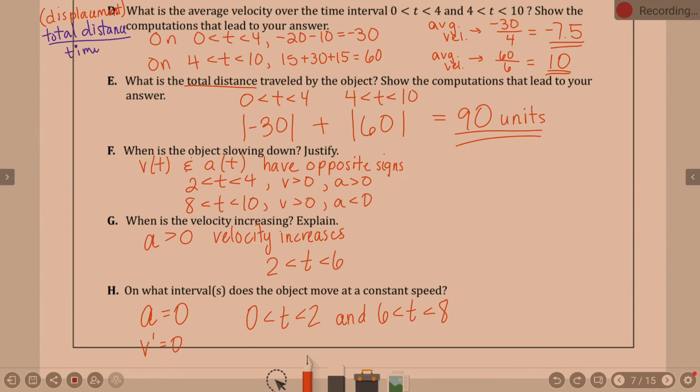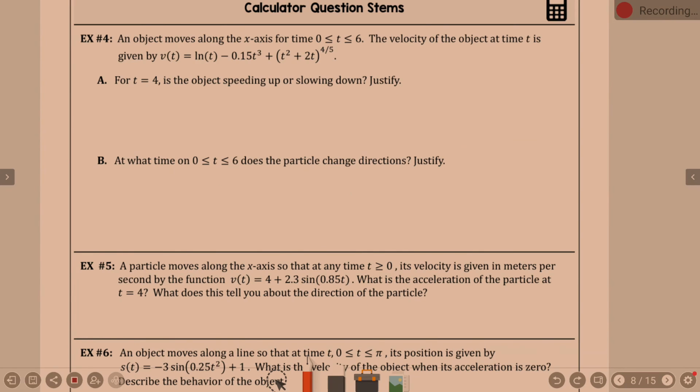An object moves along the x-axis from 0 to 6. Velocity is given by this function. A, at t equals 4, is the object speeding up or slowing down? Justify. So what do we have to know to tell if the object is speeding up or slowing down?